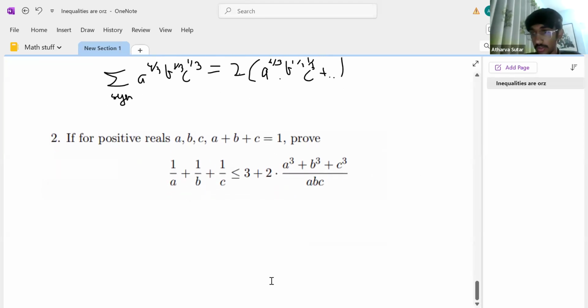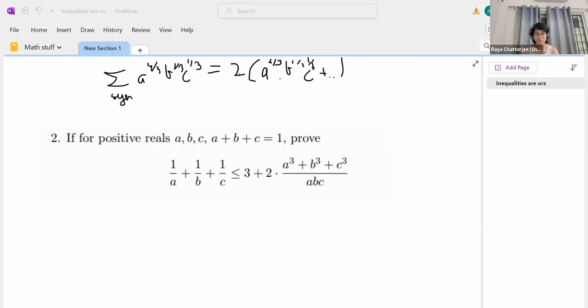I'll give you 5 minutes to open this. You guys are fine with staying till like 8:40, right? Yeah, okay, nice. If you want to leave, you can leave, because I'm just going to be doing this last problem. The theory part is over.